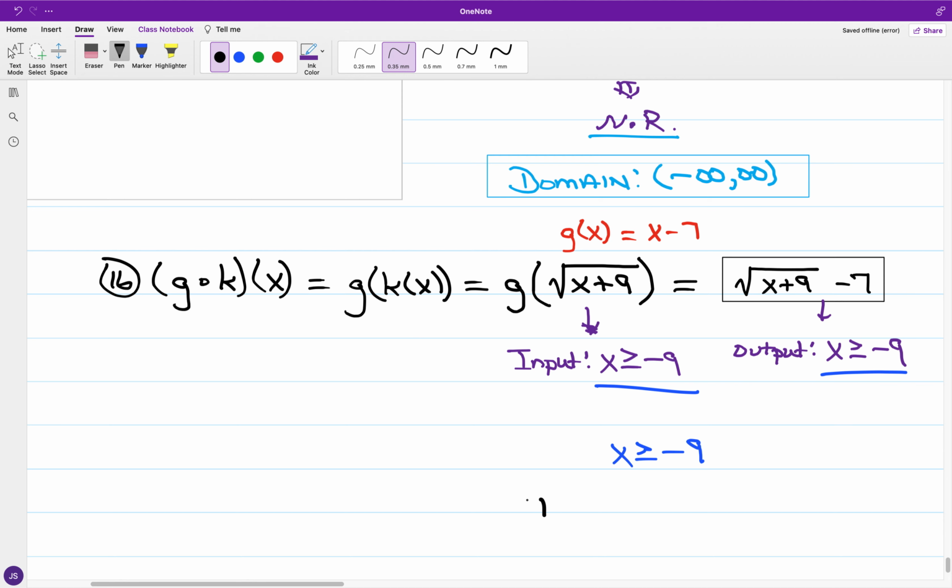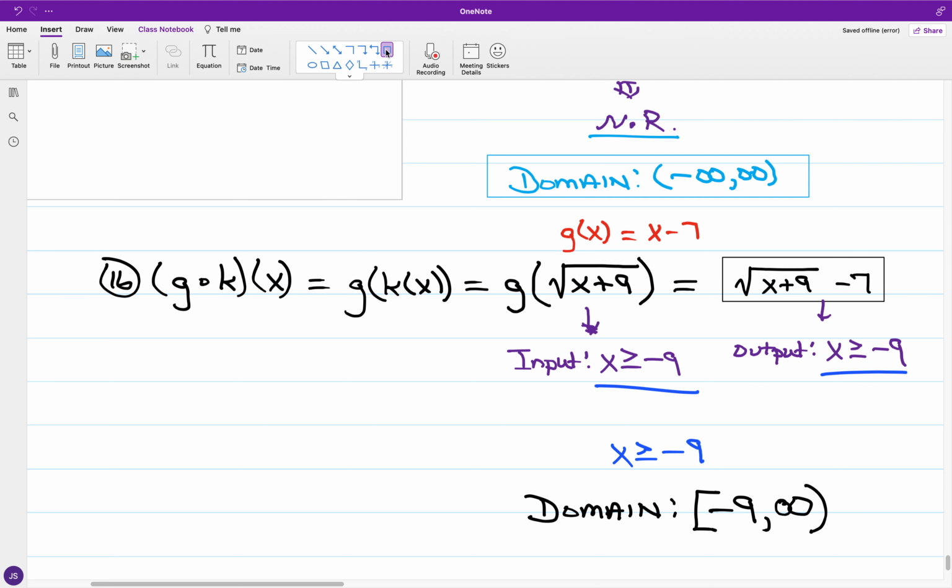And so this is going to signify that for g composed with k of x, just think of a solid point on -9 and a ray going out to the right. So the domain goes from and including -9, which will be bracketed thanks to the equal sign, and all the way out to infinity. And so that will be the domain for g composed with k of x.